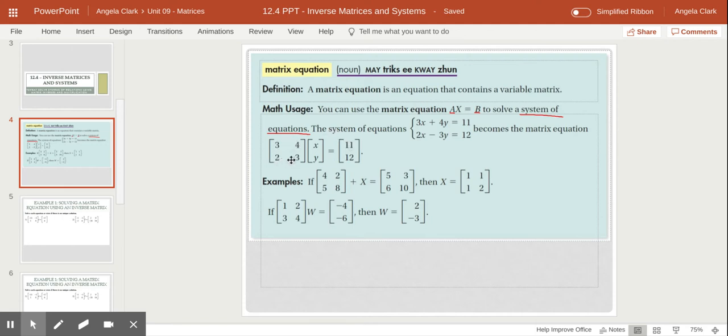You have the coefficients. If I did matrix multiplication with these, I would get 3x plus 4y, right? And 2x minus 3y. So if I multiplied these out, I would get this. And then the answer is on this side.